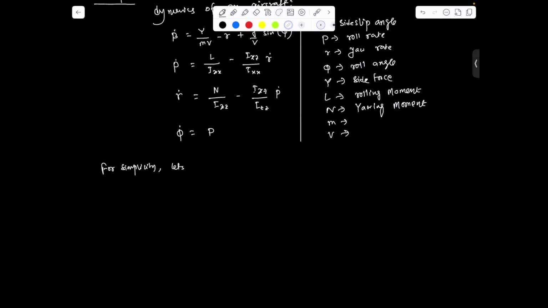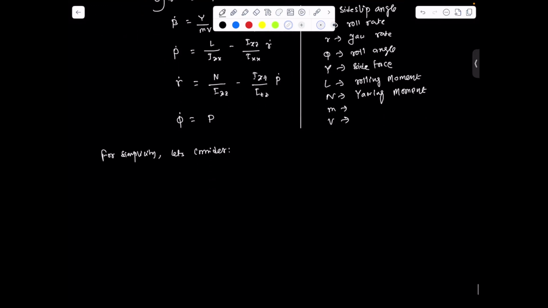Y is half rho V square S Cy, where Cy we can define as Cy beta beta plus Cy delta R delta R, where delta R is the rudder deflection input.